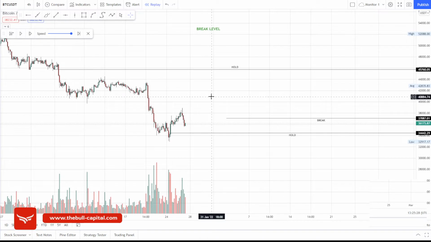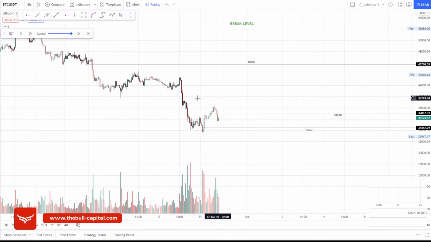Now we know about this level, we're gonna mark it, and now we have two hold levels, one on the upside and one on the lower side, and now we created a range. So this is the range right now.